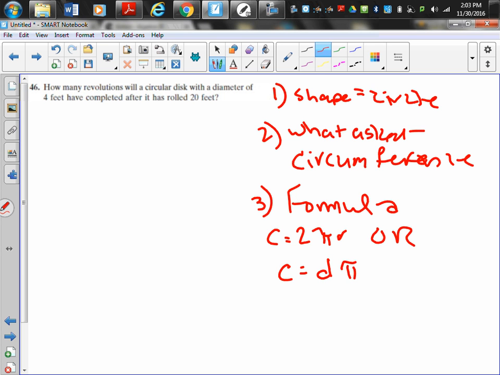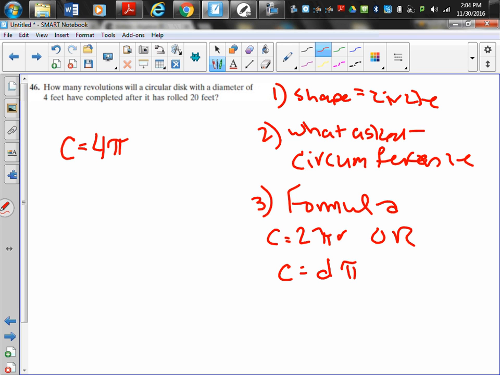All right, so we now know what our formula is, we know what we're looking for, and we know what shape. So, which piece of information do I have? You got the diameter. I have the diameter, so I'm going to use D pi. So C equals diameter, 4 pi.